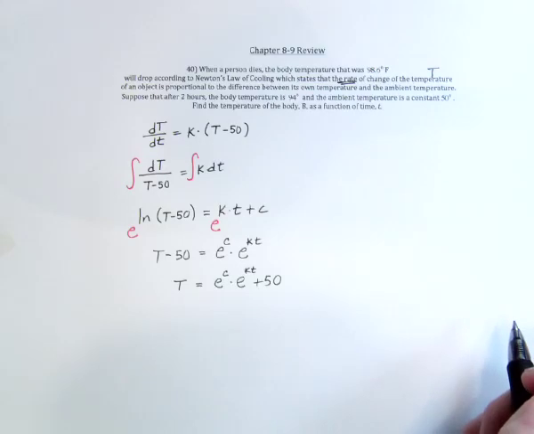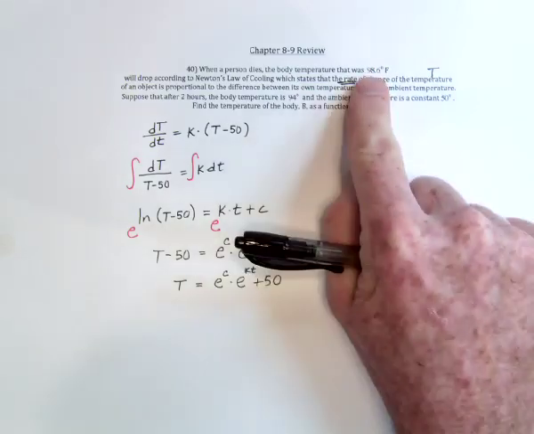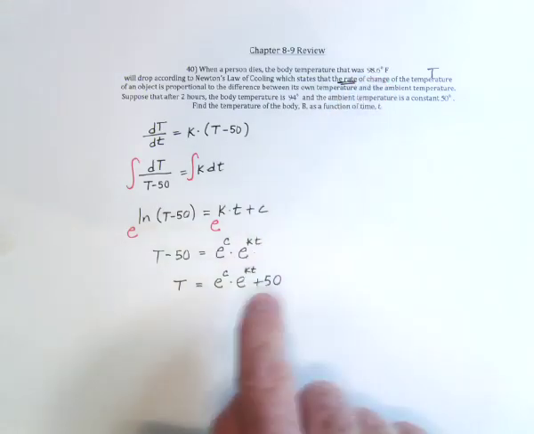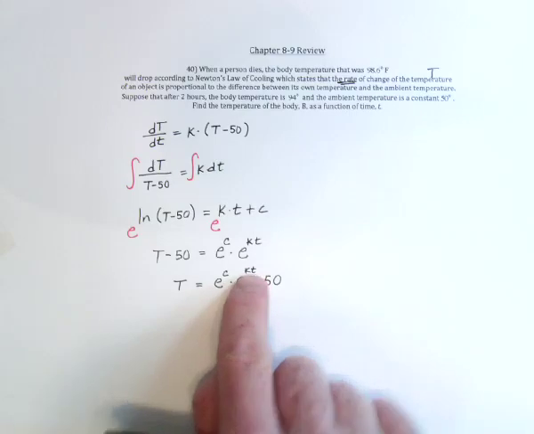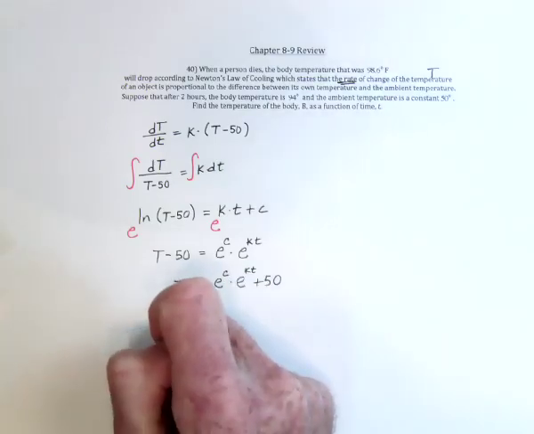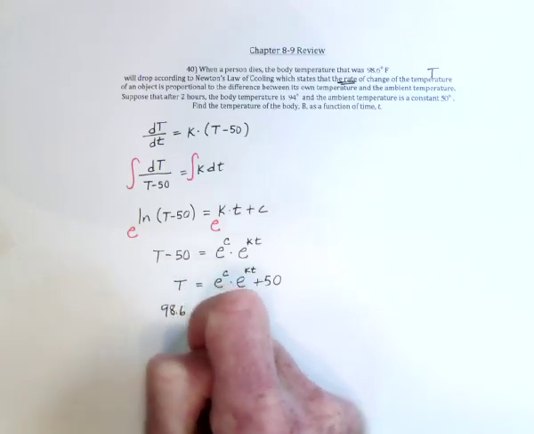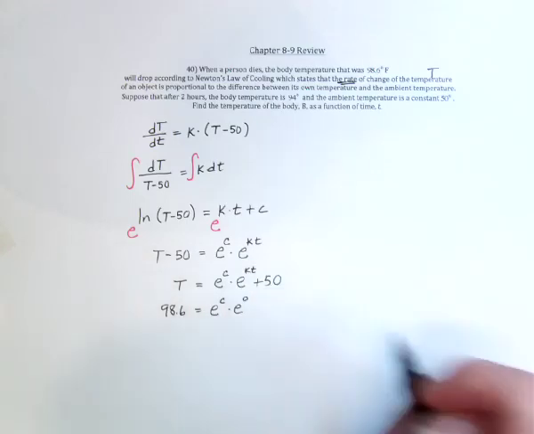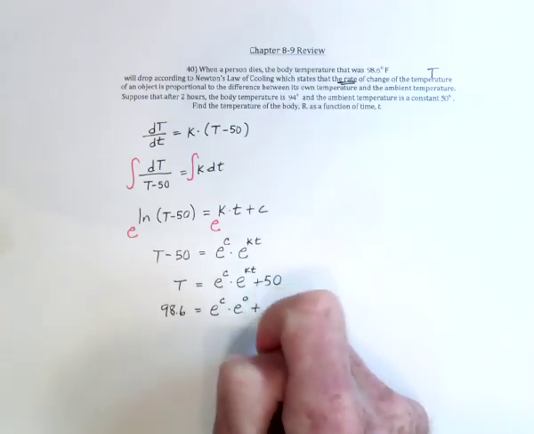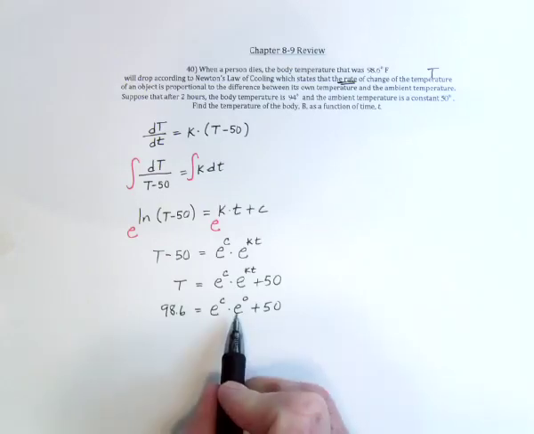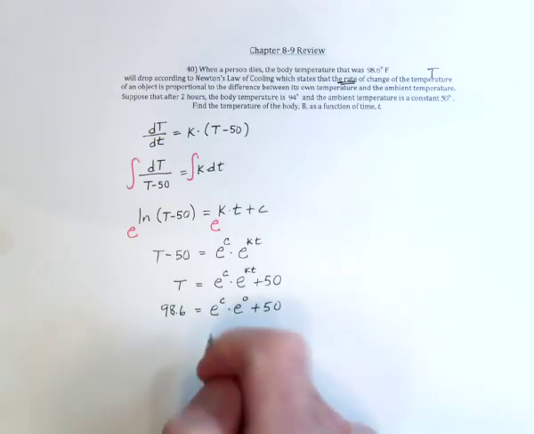So we need some information like, when the person dies, their temperature was 98.6, which means when time is equal to 0, this temperature is 98.6. So if the time is equal to 0, this gives us e to the 0. e to the 0 is 1, so that just leaves e to the c.